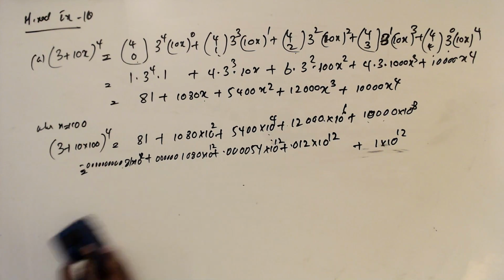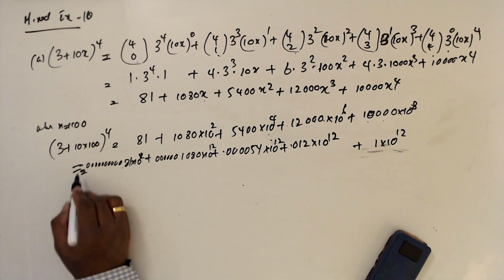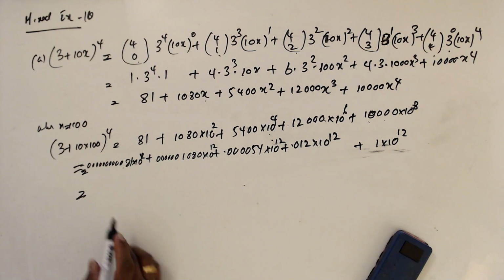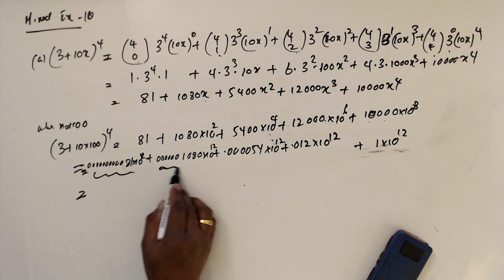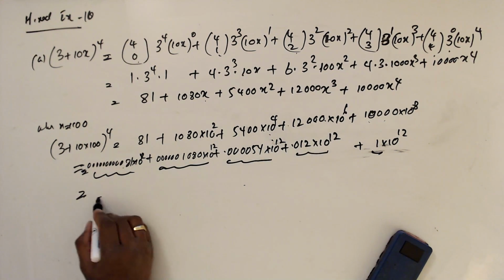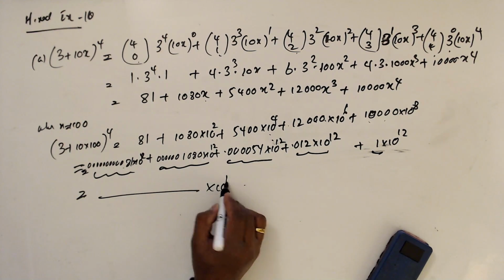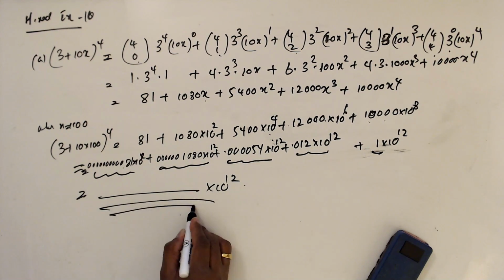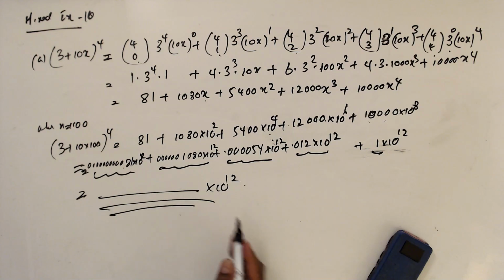So this is kind of a sum. Now you add these together and write the answer as 10 to the power 12. Or instead of that, you can work the other way around.